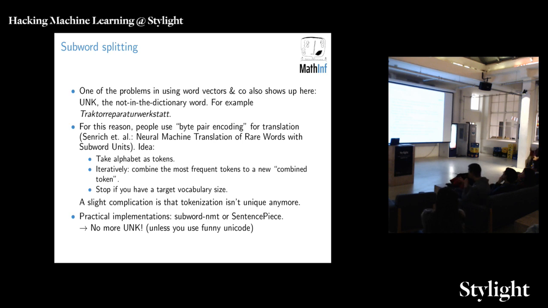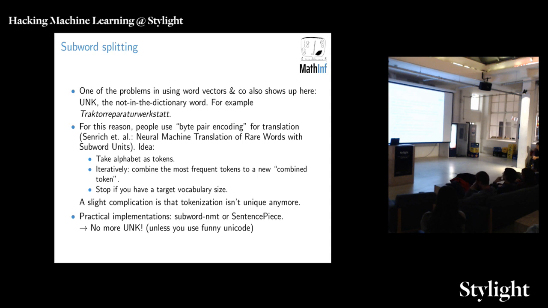When we do translation, it would be best if we could translate just anything. Whether we will do that successfully or not is a second question. One of the dreaded things when you do NLP is this UNK token, the unknown word. For example, if you have the Traktorreparaturwerkstatt, you will be hard-pressed to find the word vector for that.